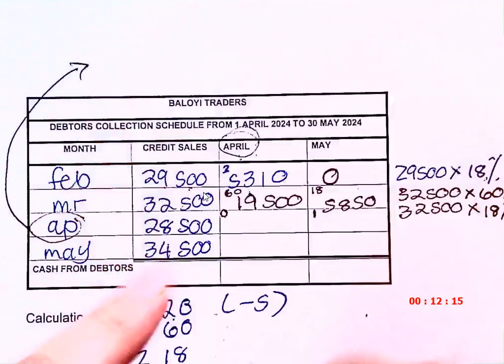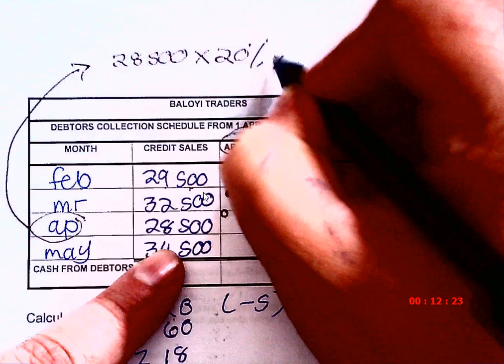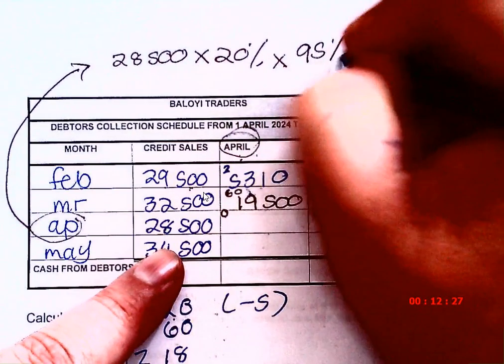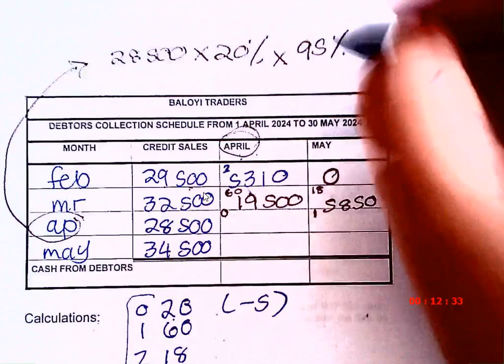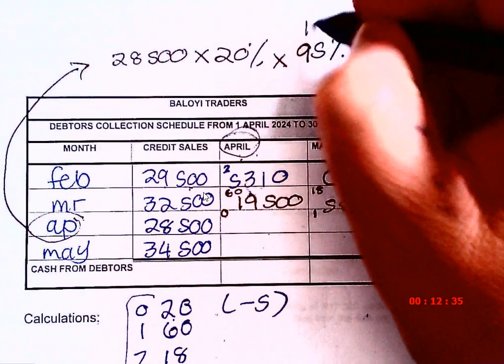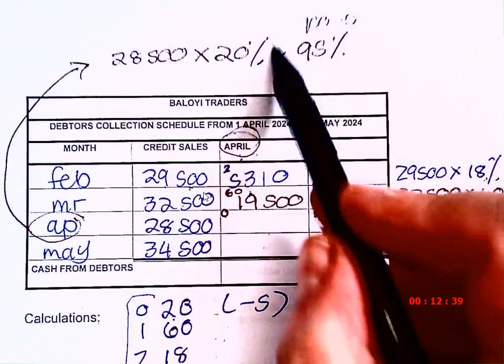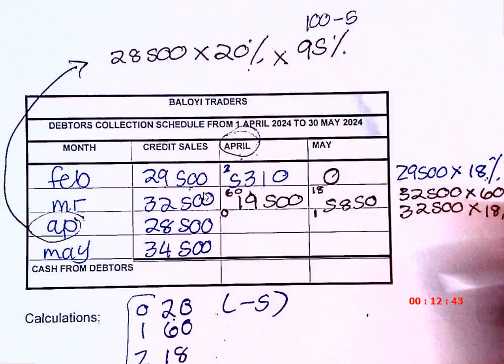So I'm going to say 28,500. 20% of the people are going to pay, and we're going to give them a 5% discount, meaning we only budget for 95% of what they owe me. The 95 I got through saying 100 less 5% discount. Remember, we receive 100% of this less 5% discount.